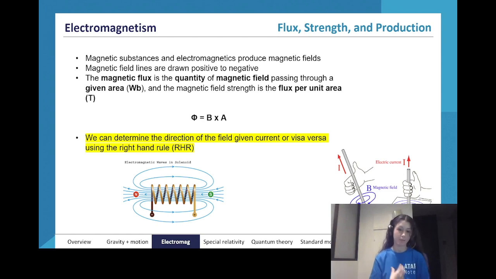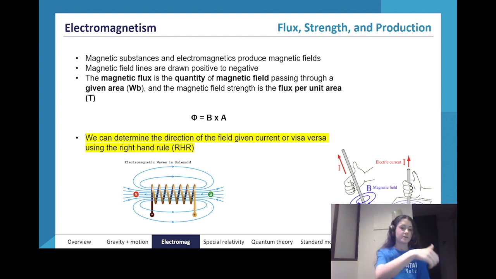So our thumb is going to be pointing towards north. In this example, our thumb is going to be pointing to the left, because that's the direction of north, and because of that we can tell the direction of the current.